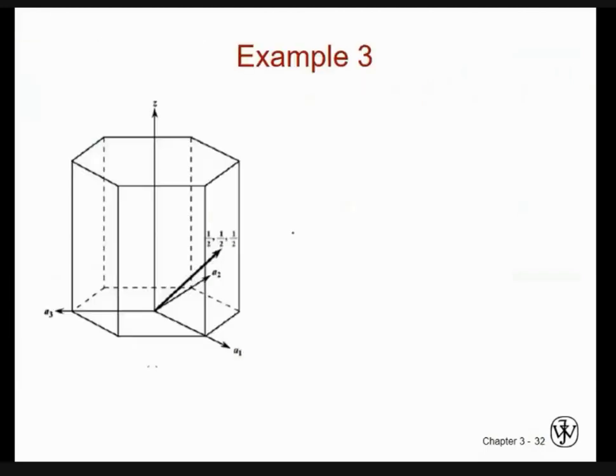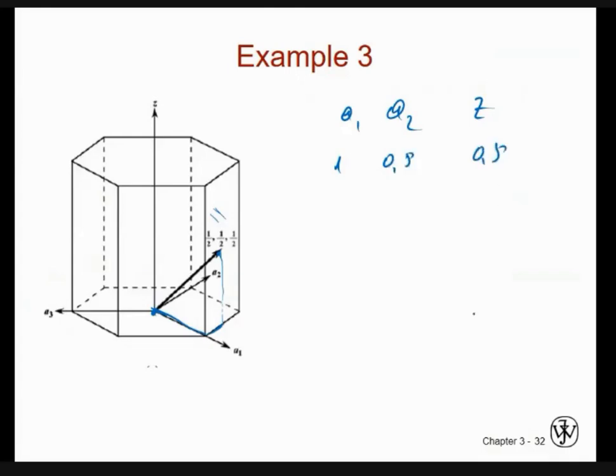Next, for this one, start, end, for A1, A2, Z. How can we go from here to there? This touches that face over here. If I move full length A1, half length A2, and half length in Z, and all are positive, 1, 0.5, and 0.5.